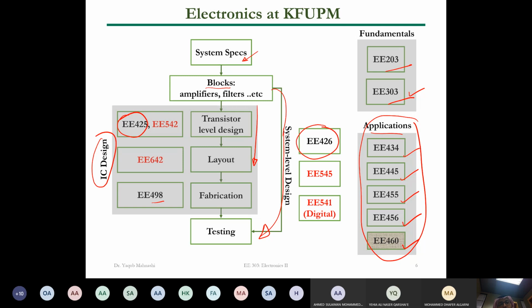That's a system level course. So this is kind of an overview for the electronics courses that we have in the department. Of course those in red are graduate courses, which are like 545, 541, 642, 542. Okay.